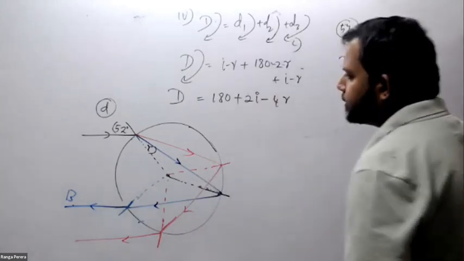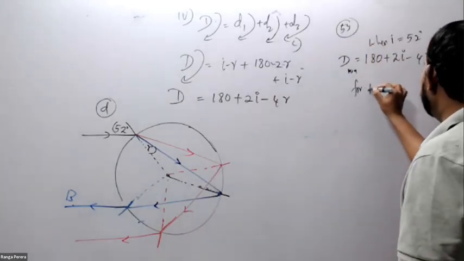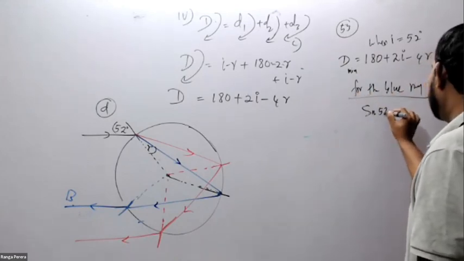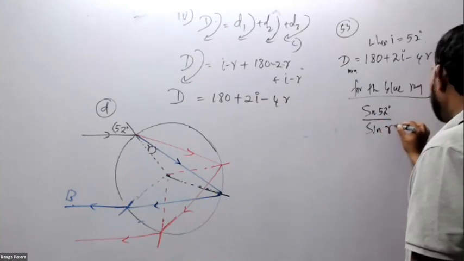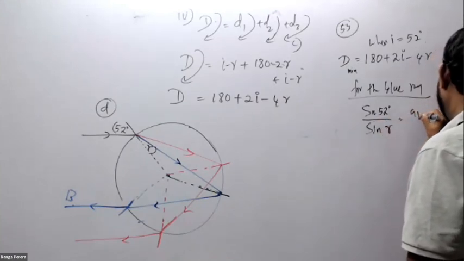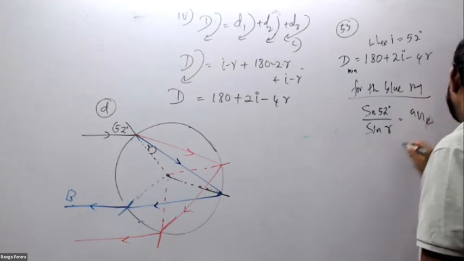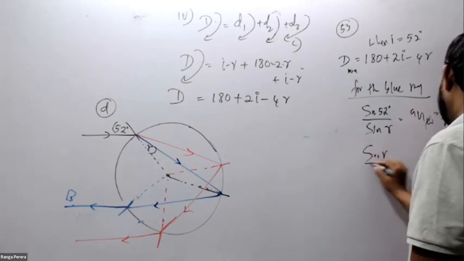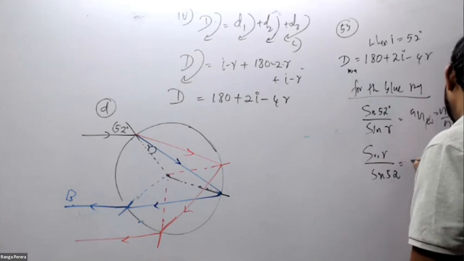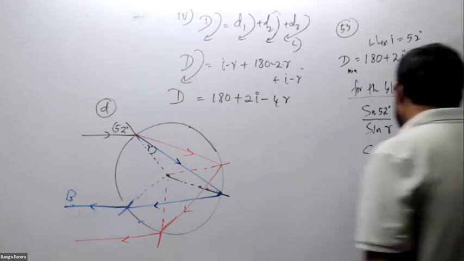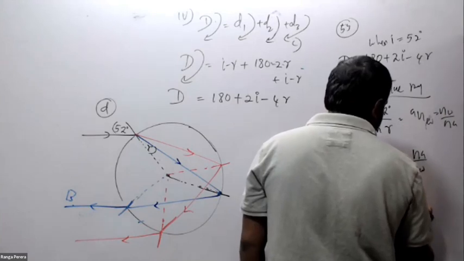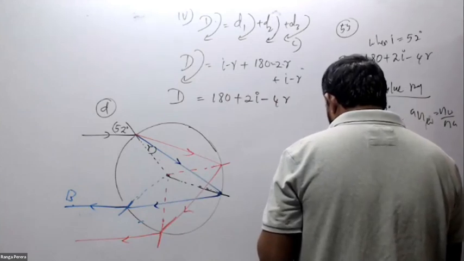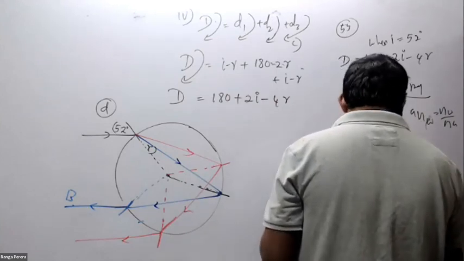So let's apply Snell's law for the blue ray. Sin 52 degrees divided by sin r equals n water divided by n air. Sin r over sin 52 equals n air over n water, so sin r equals n air over n water times sin 52. The value of n water is given as 4 by 3.